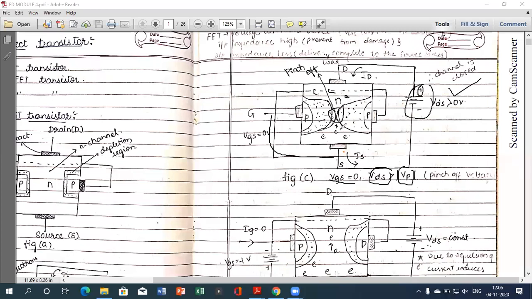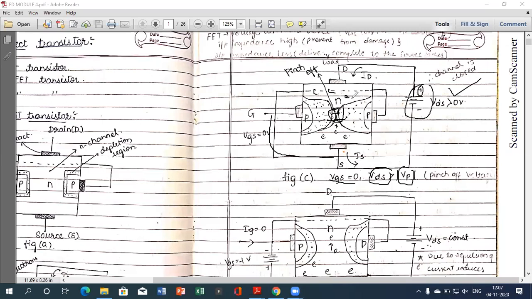So we can say that at this condition, the current in the channel will reach its maximum and get saturated. I am using the word saturation because there is no path for the flow of electrons from the bottom end to the top end of the channel, because it is blocked by the depletion layer caused by the positive terminal of the supply.